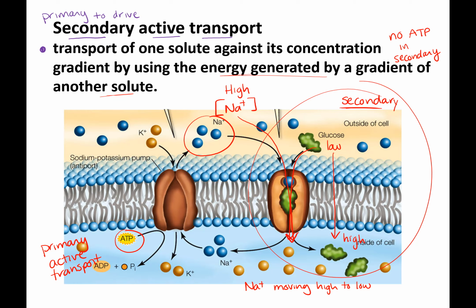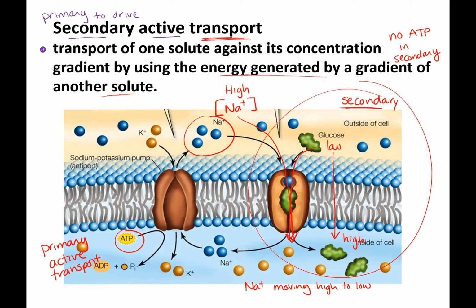And hopefully this is clicking with you. Oh, we talked about in cellular respiration and in photosynthesis an H+ gradient that can drive the formation of ATP, right? So electrons gave energy to pump the H+ across, then that H+ was used as an energy source to come down its concentration gradient and do something. So this is transport because we're transporting something.